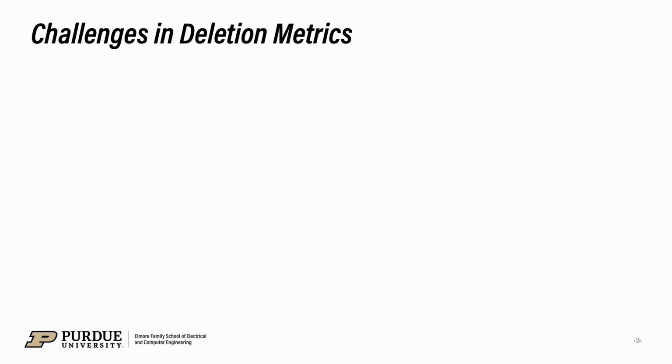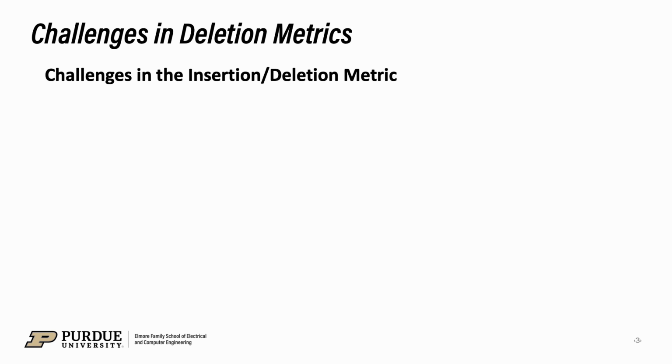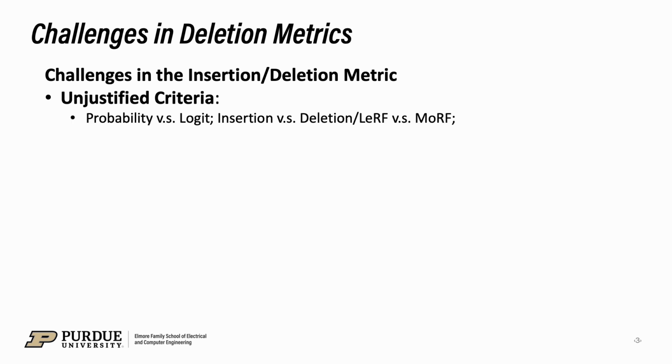However, although deletion and insertion metrics are the most popular and widely used metrics, there are many challenges that hinder a faithful application of such metrics. There are a lot of unjustified criteria, such as whether to use the predicted probability or the logit of the target class as the indicator, or whether to use insertion or deletion as the progression, or the choices between LERF versus MORF.